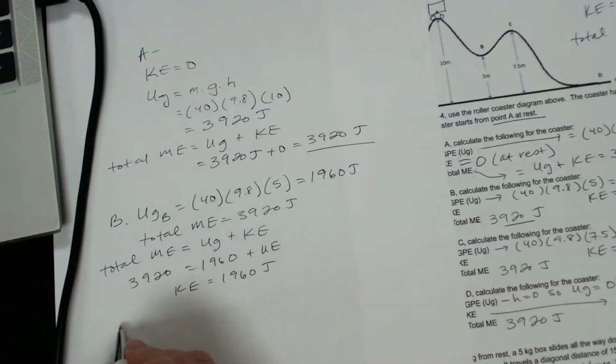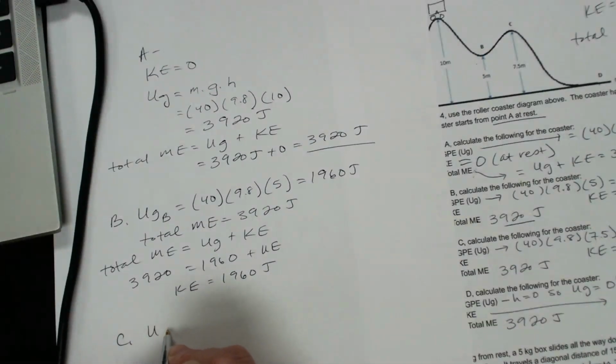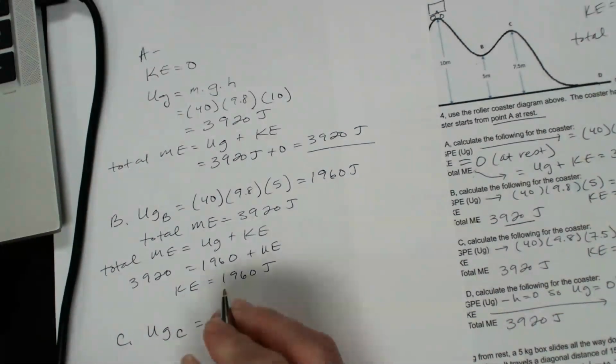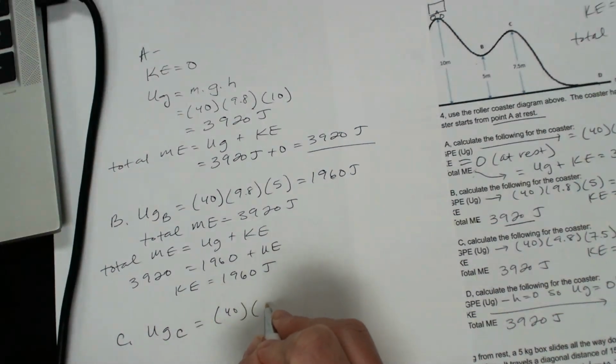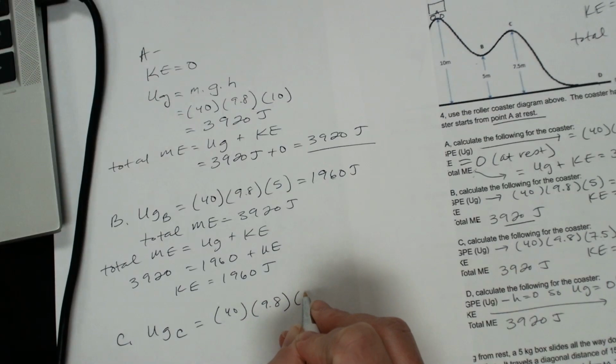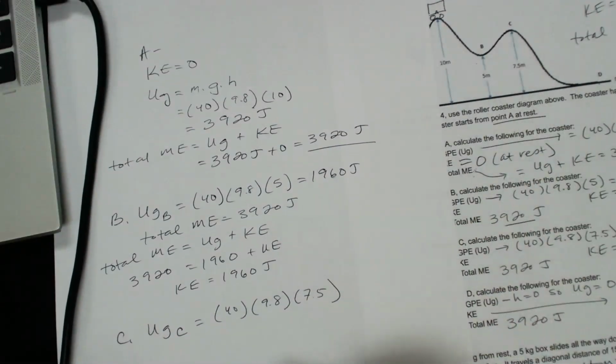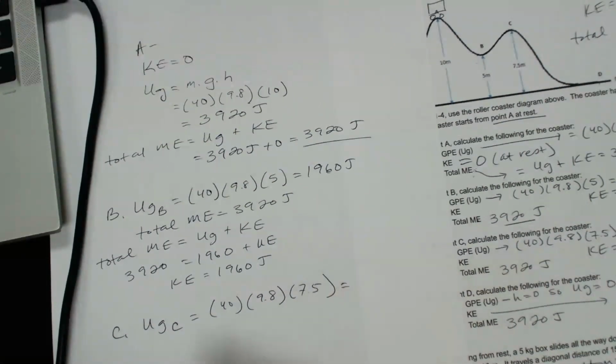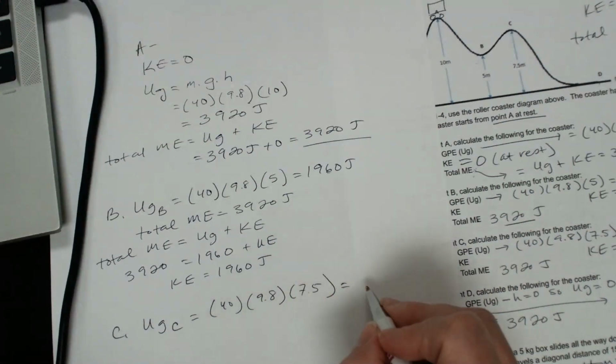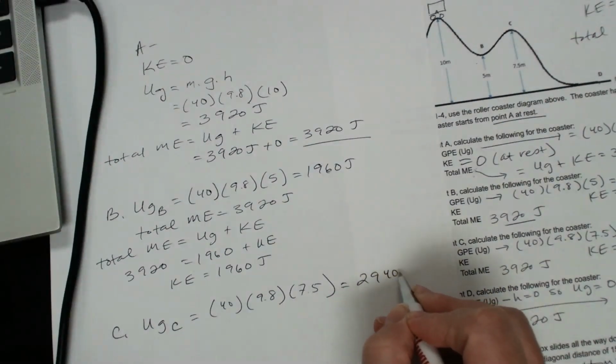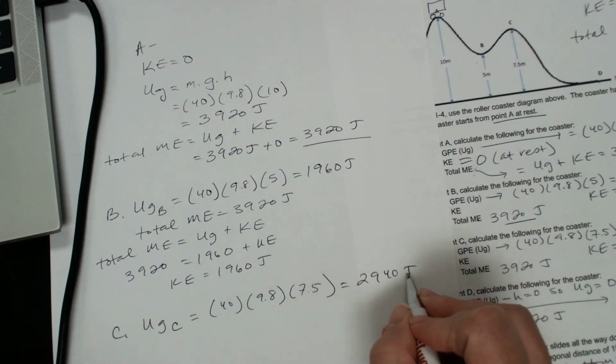When I look at point C, again, I don't have any information on velocity, so I'm just going to do mass times G times H. H here is 7.5 meters. And get a value for that. That's going to give me 2,940, just multiplying those all together.